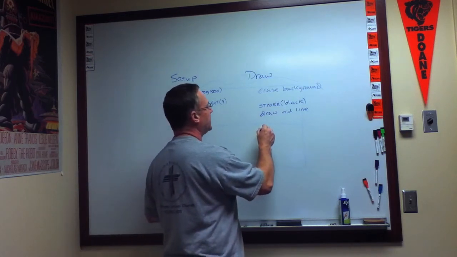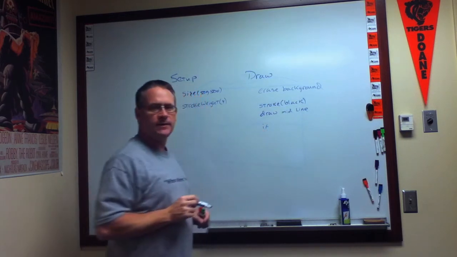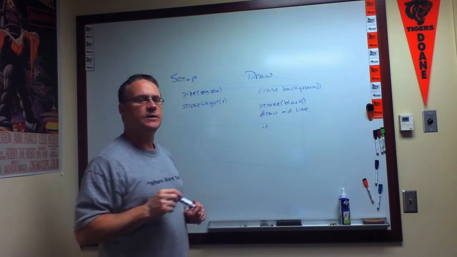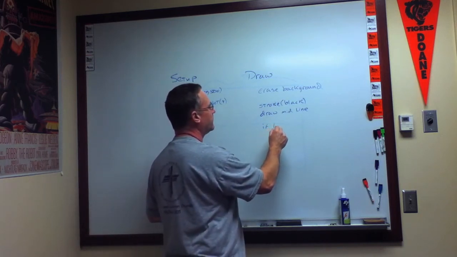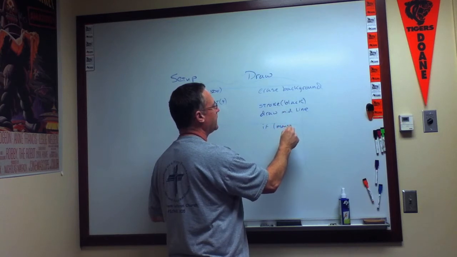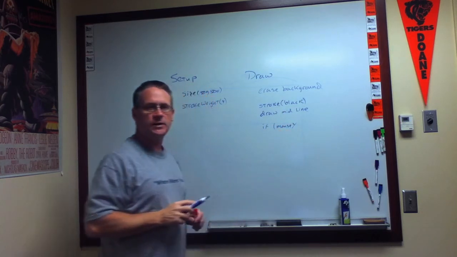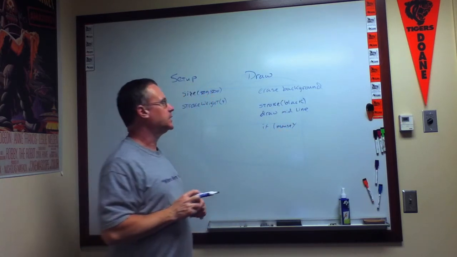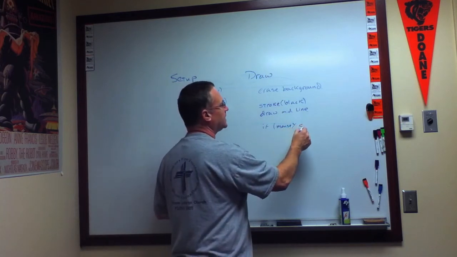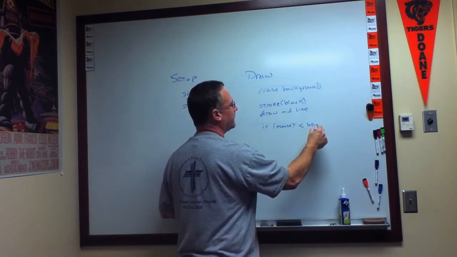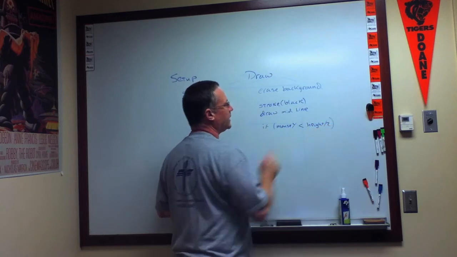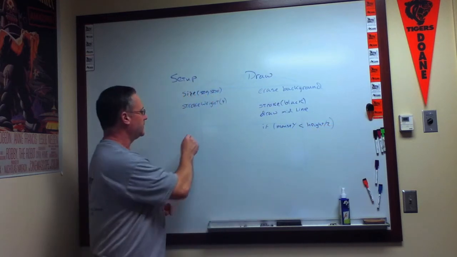Okay? So we're going to have an if statement, and the if statement will be a two-armed if that looks like this. If my mouse Y, so the coordinates of the mouse pointer in the Y direction, is less than height divided by 2, which would be halfway up the screen, right?